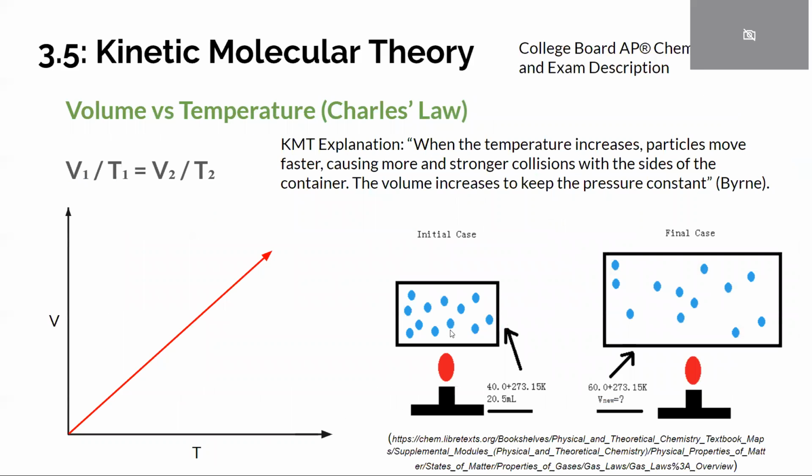And then Charles' law, there's this direct relationship between temperature and volume. And the kinetic molecular theory explanation for this is that when the temperature increases, particles move faster, causing more and stronger collisions with the sides of the container. Volume increases to keep the pressure constant.